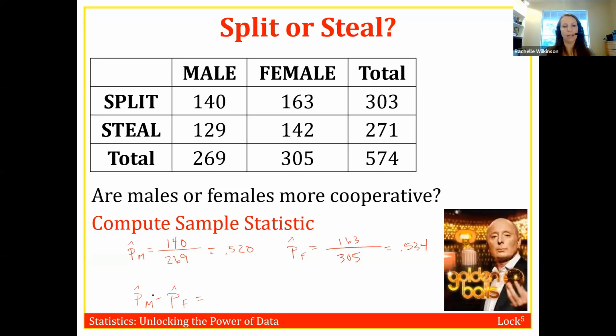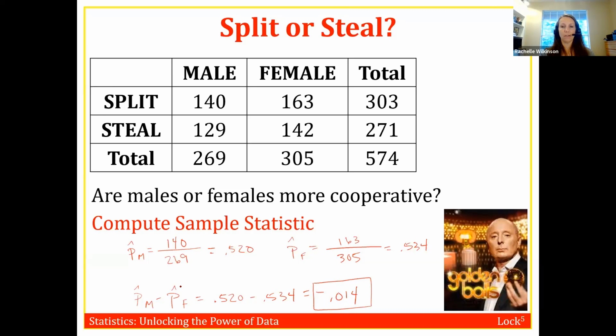So then I can figure out my sample statistic by taking 0.520 minus 0.534, and I get negative 0.014. All right, so this is the value of my sample statistic.